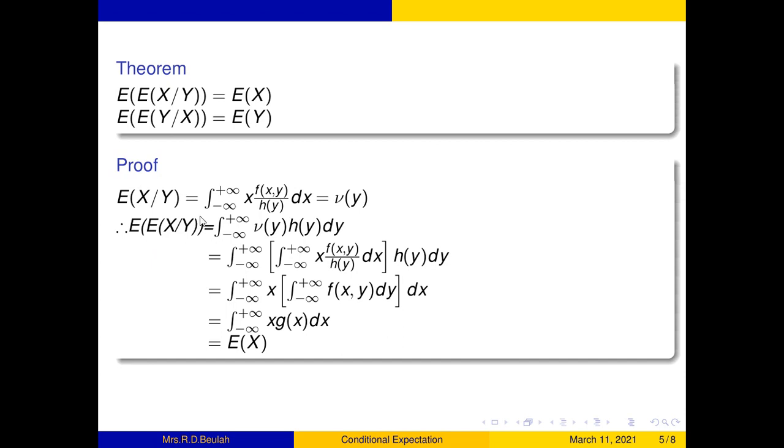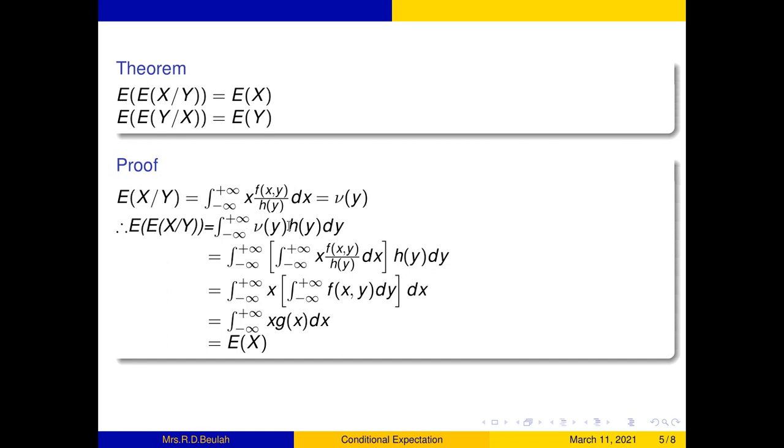That is, E of X by y is equal to the integral from minus infinity to plus infinity of x into f of x comma y divided by h of y into dx, which is equal to mu of y, say, where this f is the joint probability density function of X and Y, and h is the marginal probability density function of Y. Therefore, E of E of X by Y is equal to the integral from minus infinity to plus infinity of mu of y into h of y into dy.